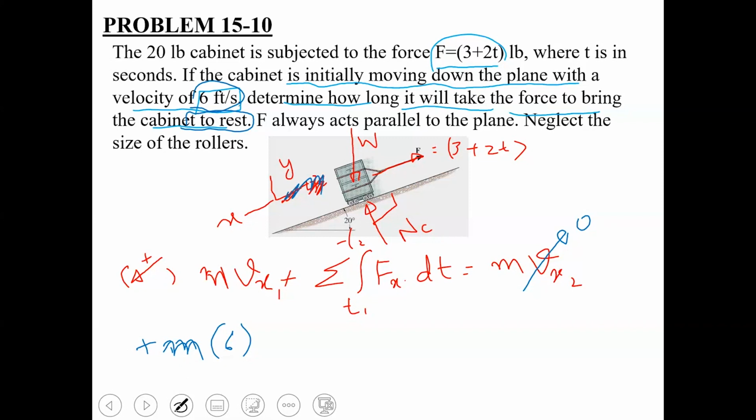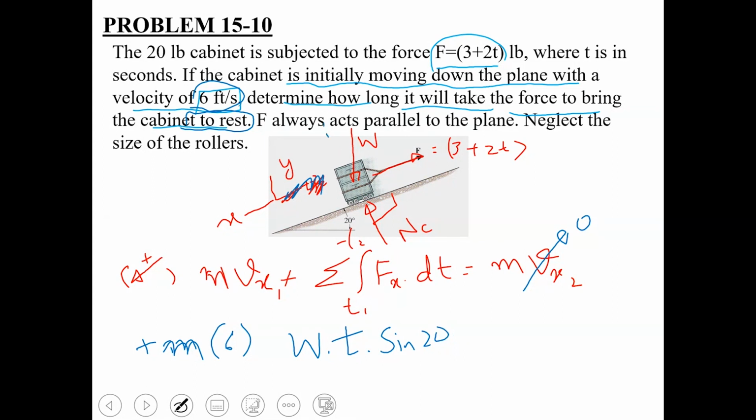What should be the value of that impulse? It is going to be the force multiplied by time. So W into T is going to be that impulse. कोई साइन कॉस भी हम ऐड करेंगे? Yes, sir. कौन सा कंपोनेंट होगा W का? सर ये होगा sin 20. It is going to be sine of 20. So W sine 20 into T is going to be the impulse.